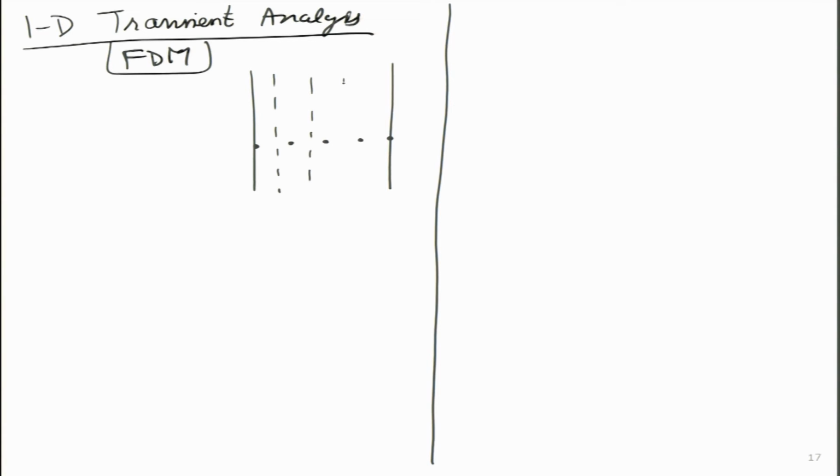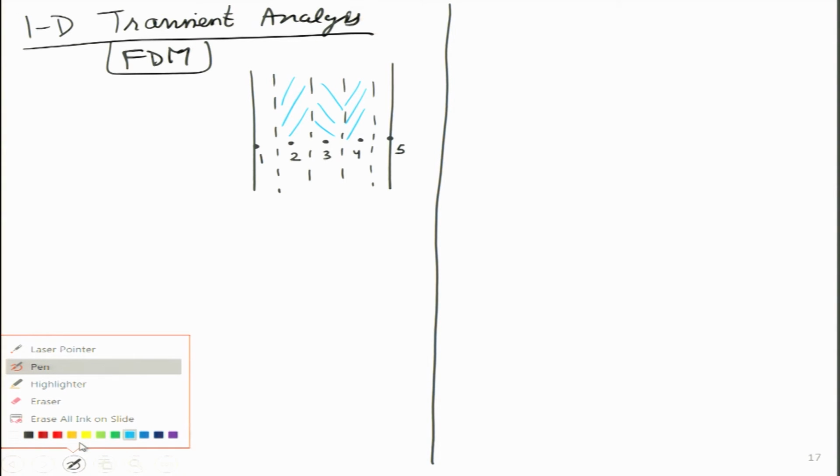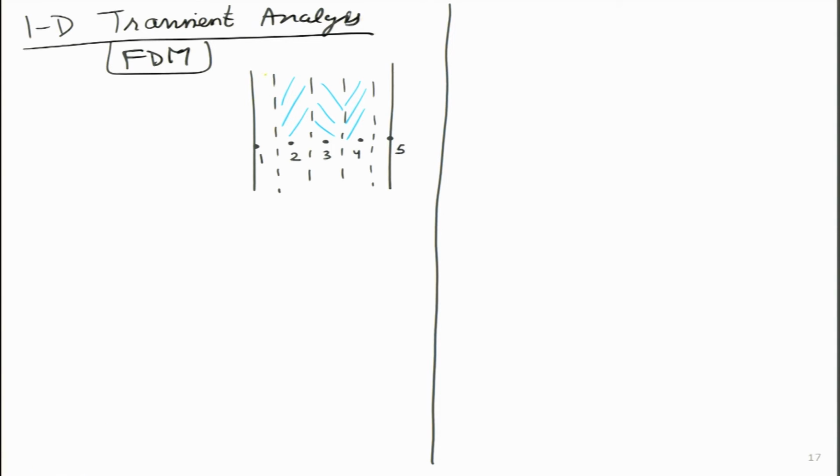I will put some node numbers over here, node 2, 3, 4 and 5. So, it becomes clear that nodes 2, 3 and 4 are the interior nodes. I will shade them like this, and node 1 and node 5 I am going to shade with the orange color over here.